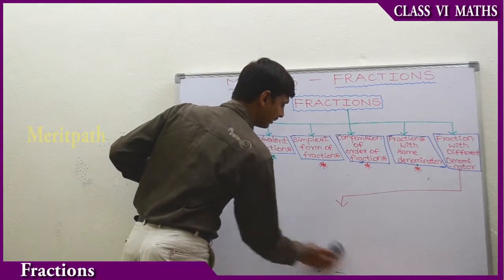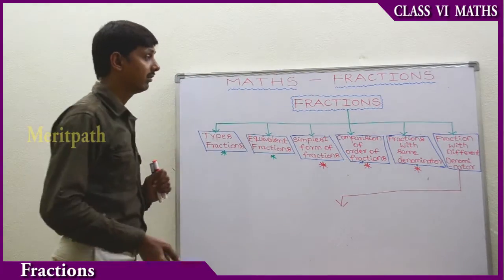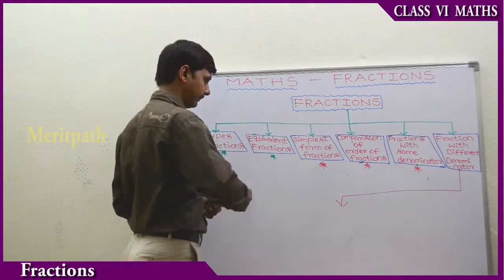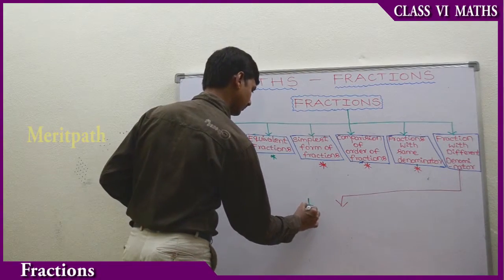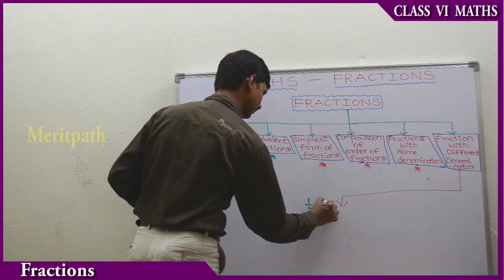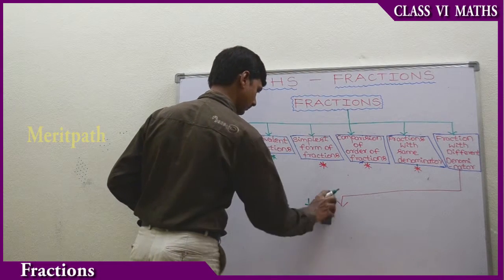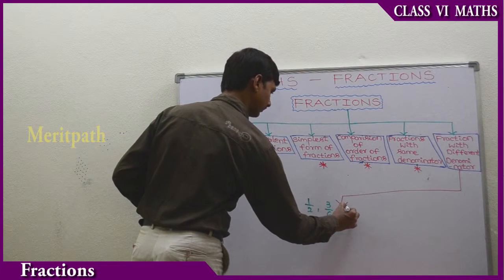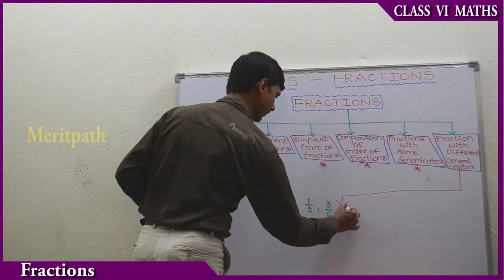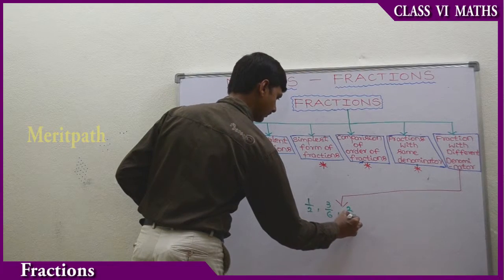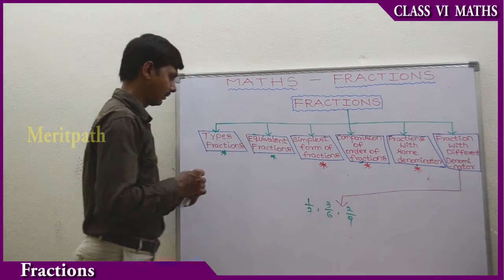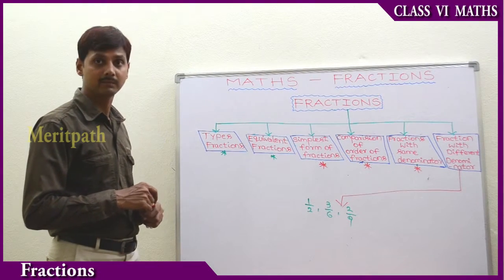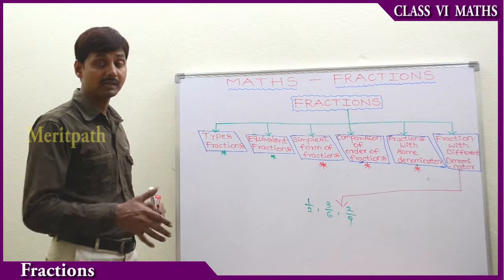Let's take some other example of the same concept, fractions with different denominators. So 1 by 2, 3 by 6 and 2 by 9. And these are unlike fractions.